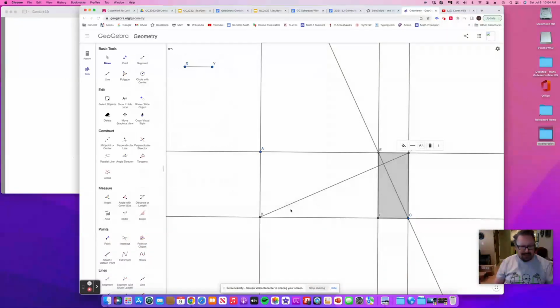All right. So let's make some measurements here. Okay, and then let's move these so that we can see them all.